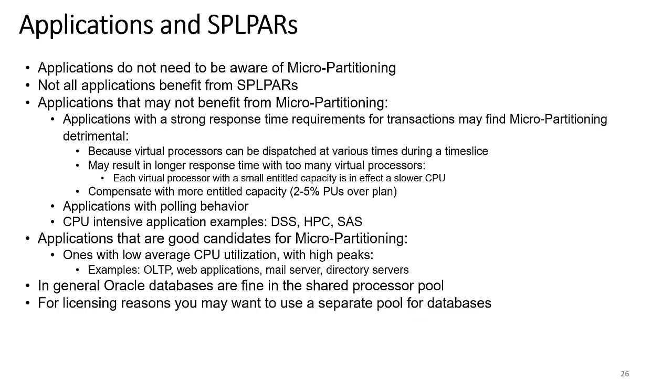I mentioned at the very beginning that not all applications run well in the shared processor pool. For the most part, most of the things that you want to run will behave very well in the shared processor pool, and the applications don't have to be aware of micropartitioning. But there are some things that don't benefit. And that comes down to what we just looked at earlier with how virtual processors get dispatched.